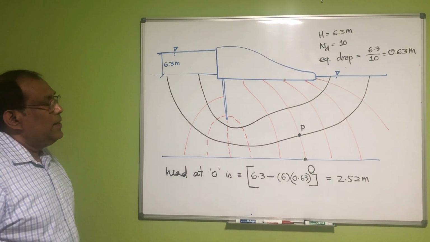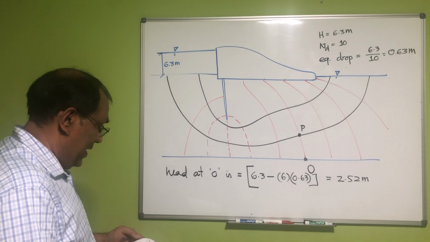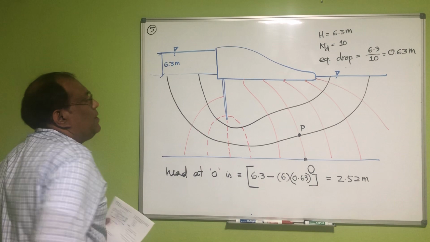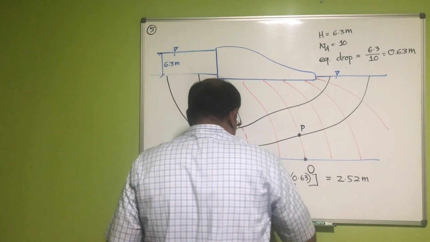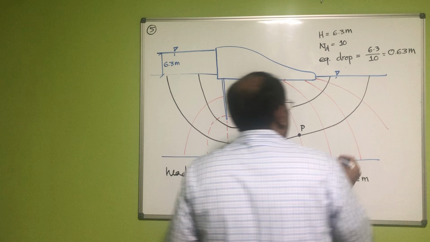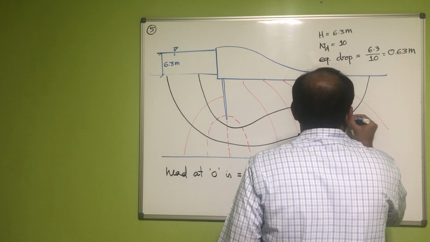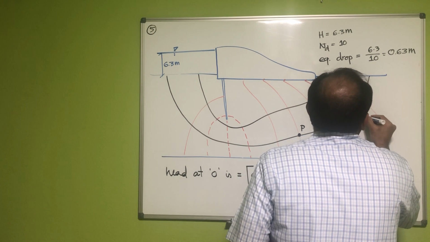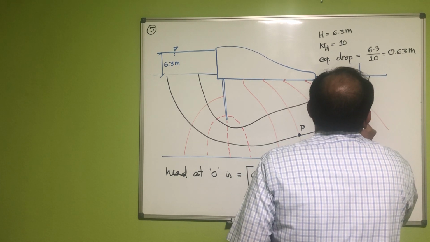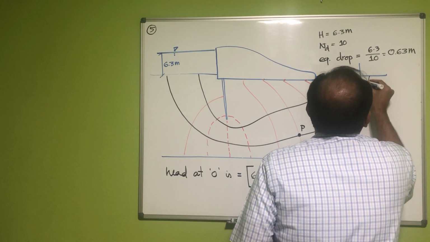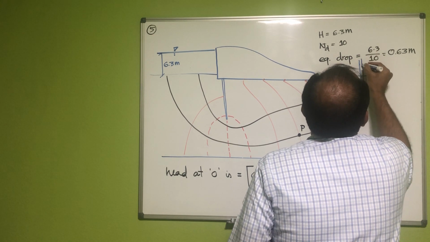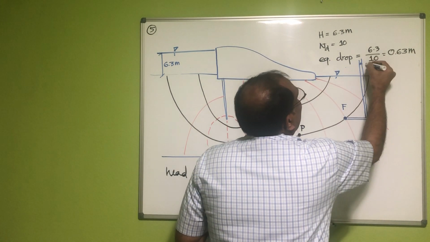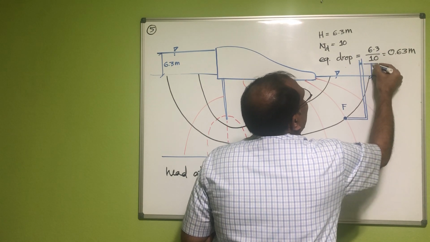Okay. Now they're asking the next question here. This is number 5. But for problem number 6, they're asking that there is another point here which is called F. If you put a piezometer here, then basically you will see the water is not along that line, this one a little higher than that.